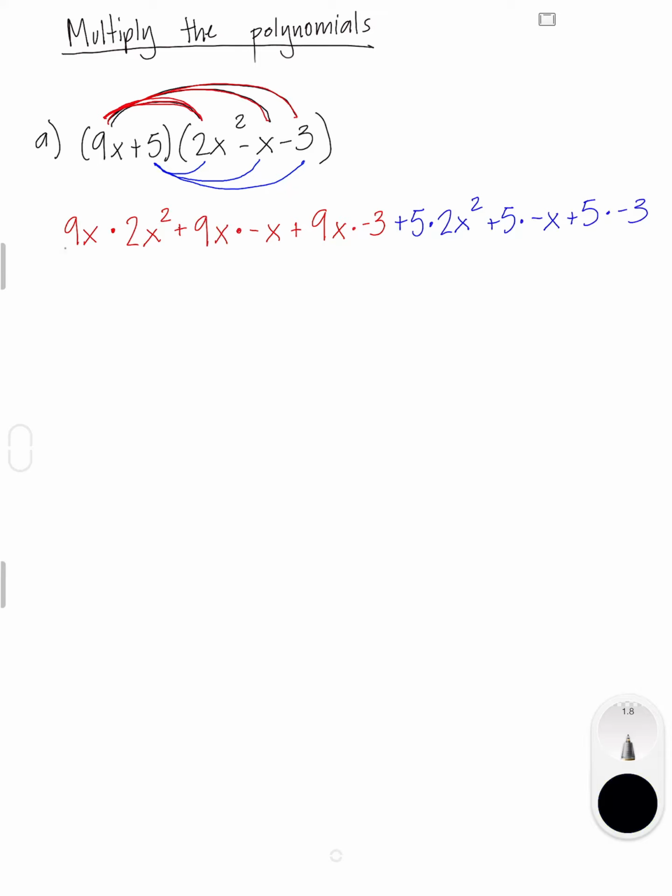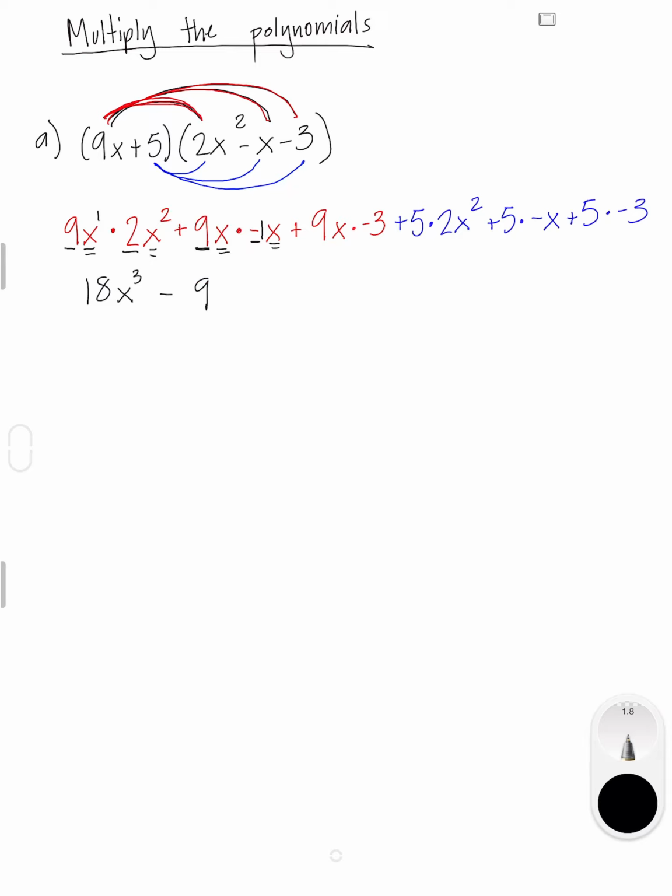So on the first pair, we can see that 9 will multiply 2, which is 18. And then we have x to the first times x to the second. So this will become x to the third power. Then we have 9 times negative 1. There's an invisible 1 right there, so this will be negative 9.